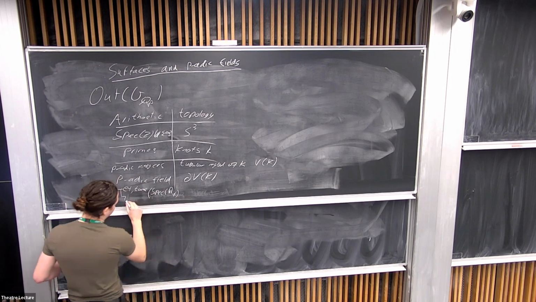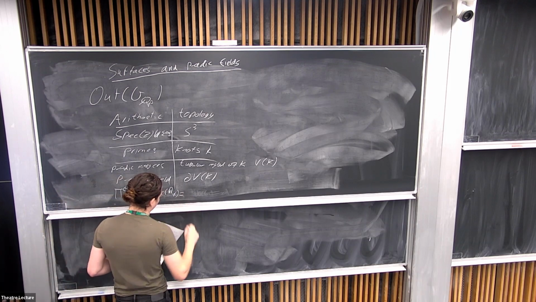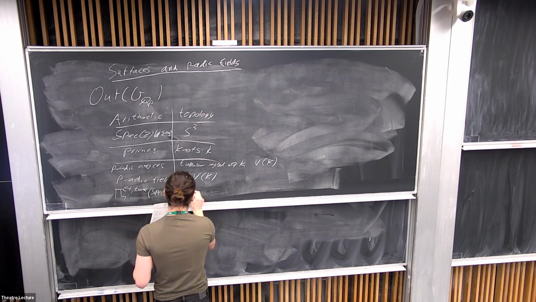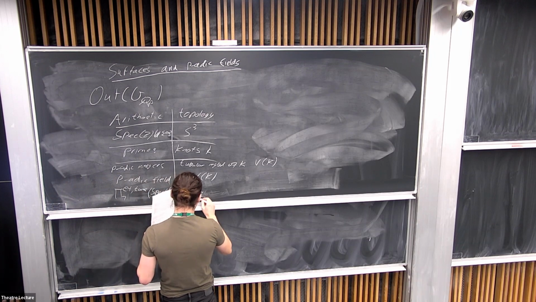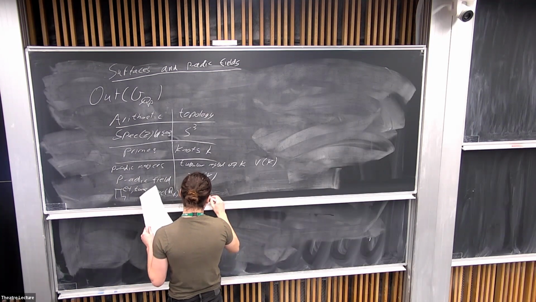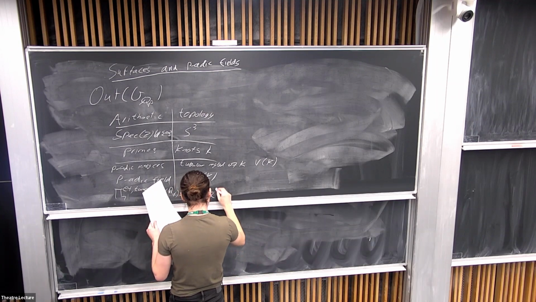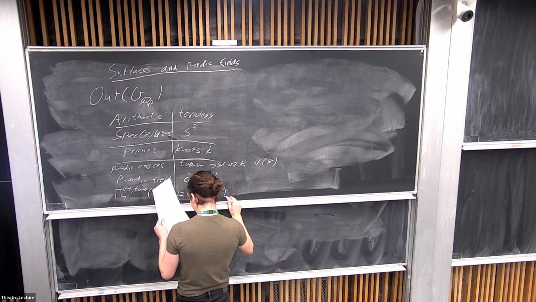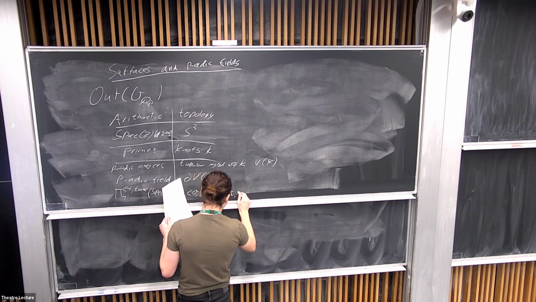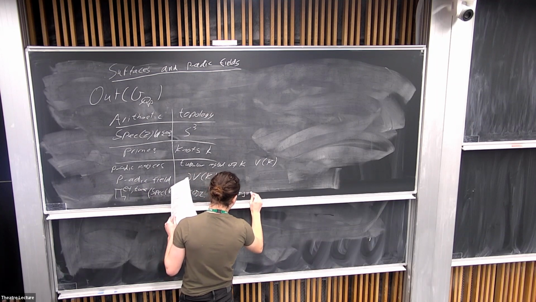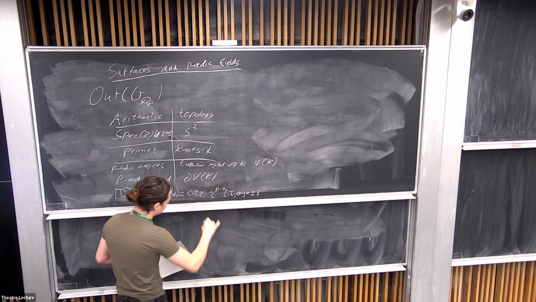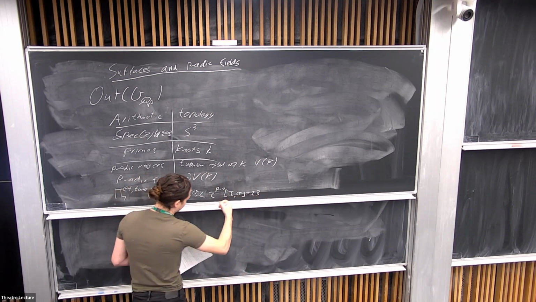Then what you would get is a group generated by two elements with the following relation, the tame ramification relation. And then up to this extra twist, it looks like a torus.